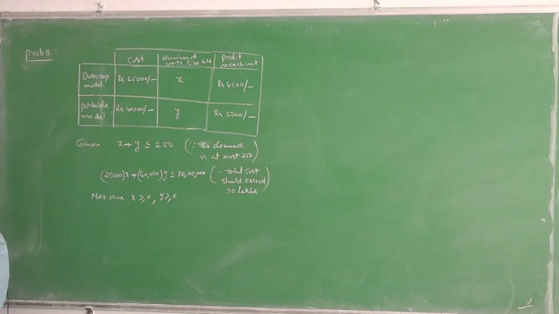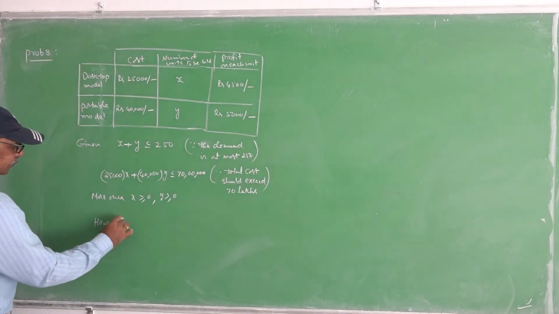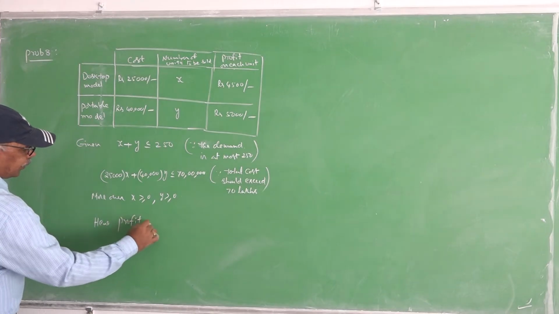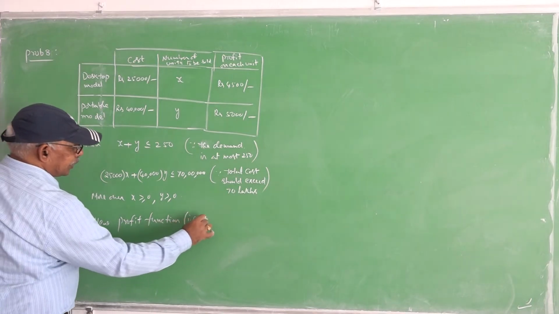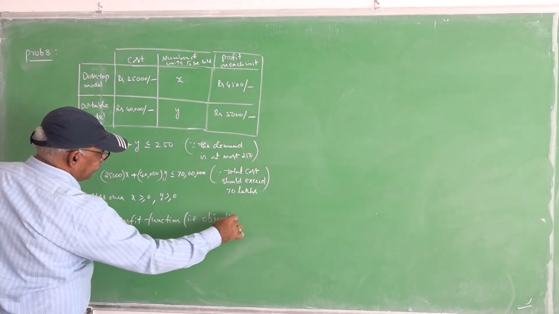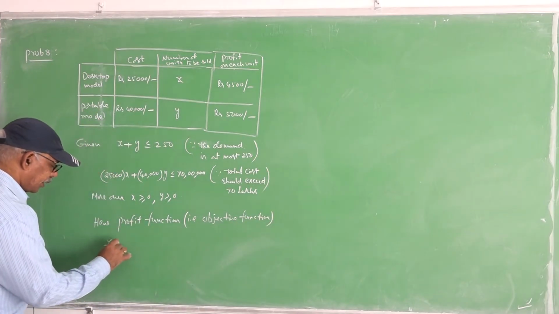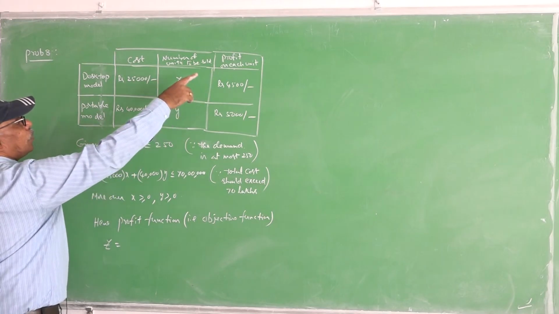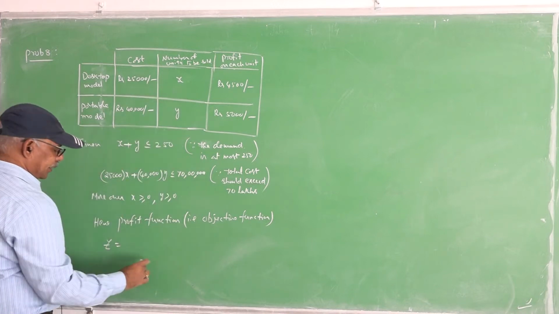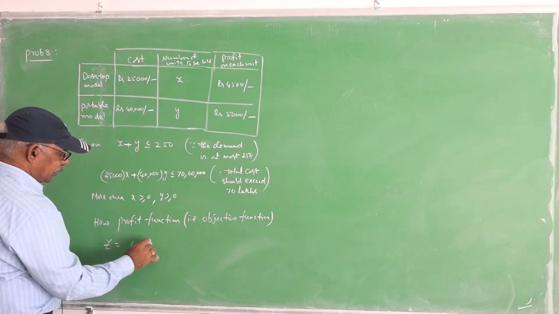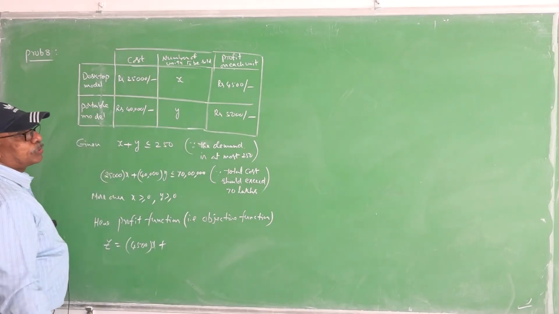So the profit function, which is nothing but the objective function here. For each unit of desktop, the profit is 4,500. For X units, we get the profit of 4,500 into X plus, for each unit of portable model, we get 5,000 of profit.